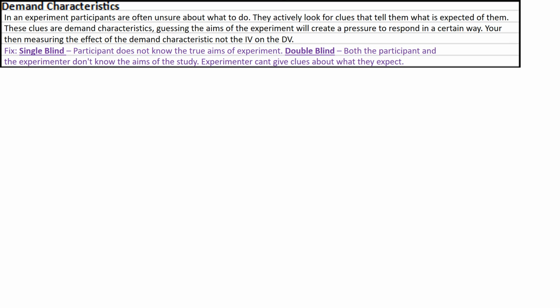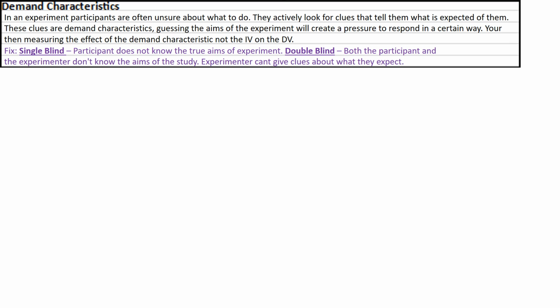This can still be a problem though, because demand characteristics can come out even if the participant isn't told explicitly what the experiment's about. Maybe it could come across through the body language of the researcher. Quite often, it's quite important that the researcher gets the results that they want. There might be a lot of pressure on them from an academic point of view to make sure they see an effect, and unconsciously they can start to give away clues about what they want to find just through their body language.